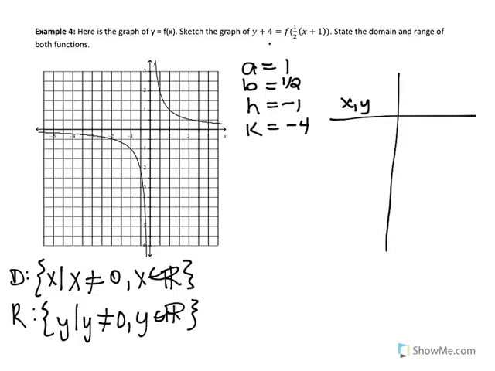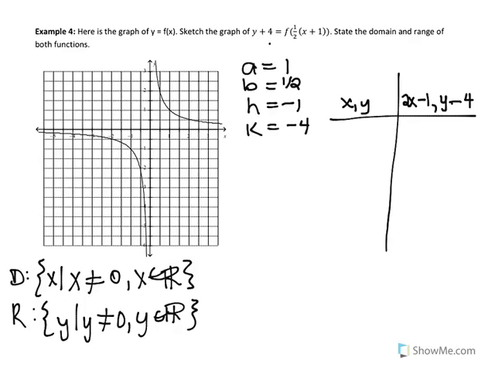So we have x and y, and x is going to be divided by positive 1/2, which means it's 2x minus 1. And our y value isn't being transformed with a stretch or compression, but it is being translated by negative 4.